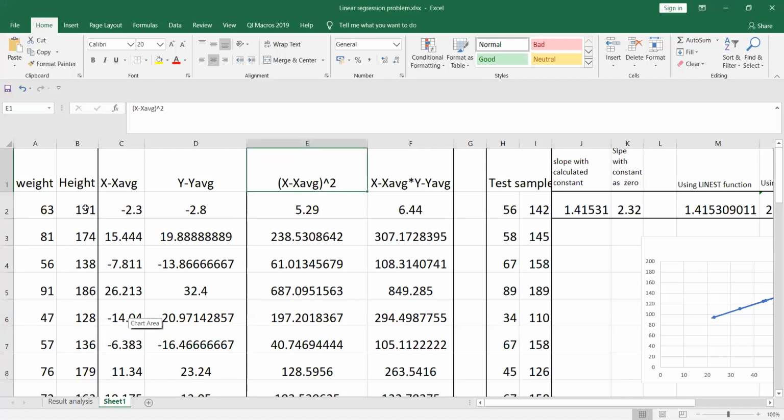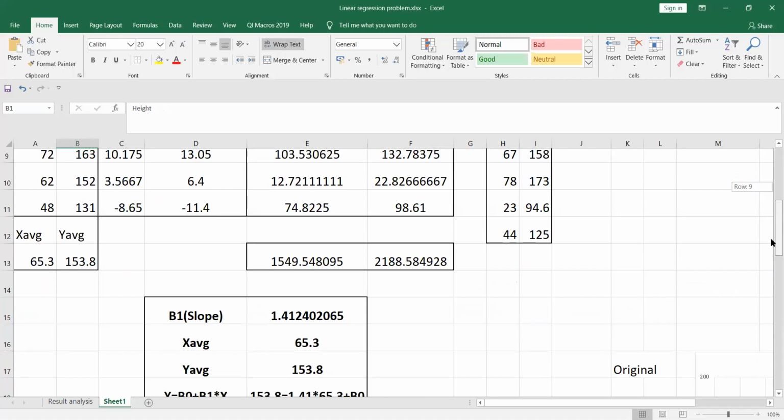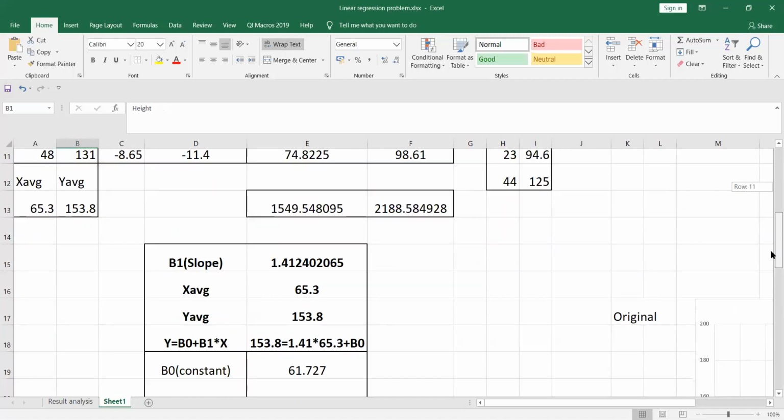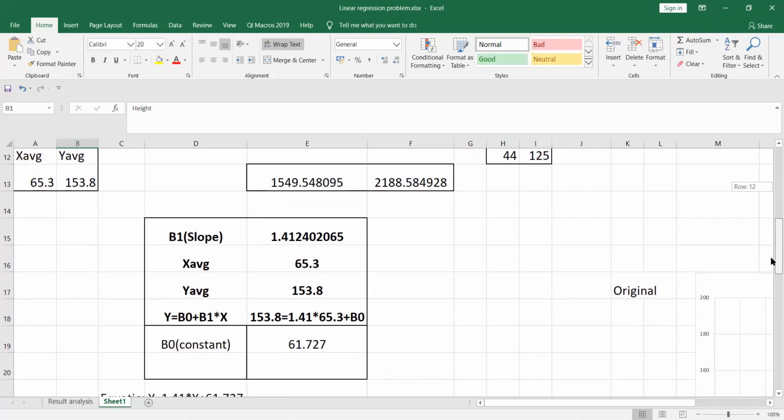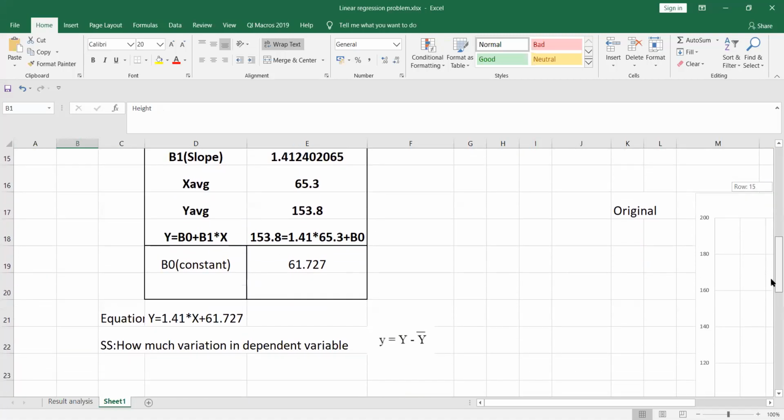You are going to predict based on this x and this y. So what we did here is we have taken the average, we have calculated the slope and the constant beta 0, and then we got the equation.